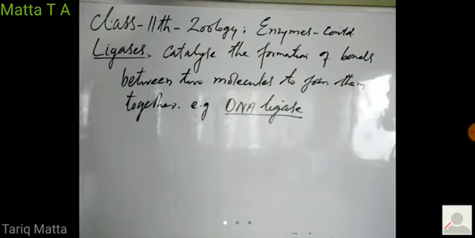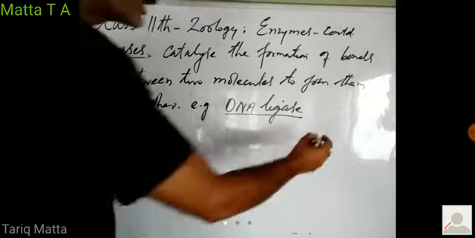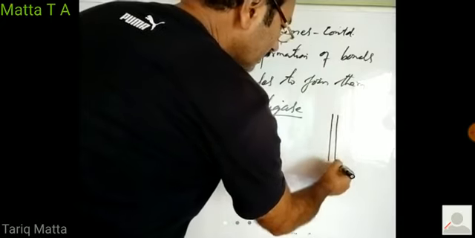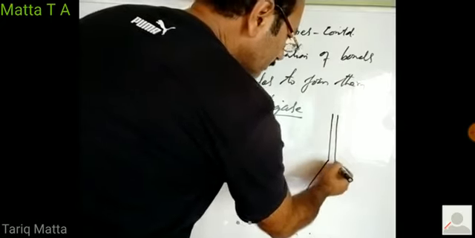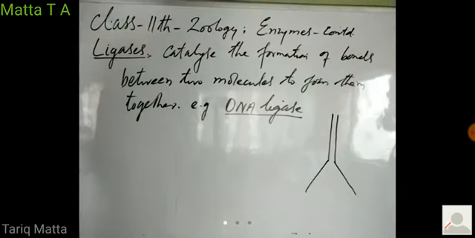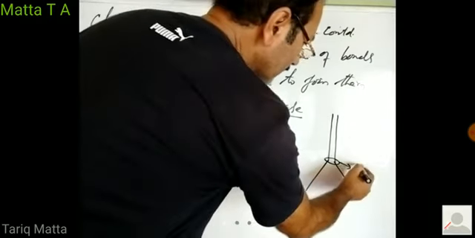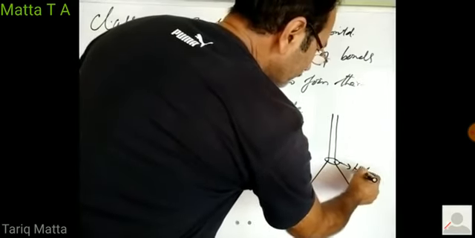So what is the function of this DNA ligase? It joins the two cut strands of DNA together in the process of DNA replication. You might have studied DNA replication. In DNA replication, double-stranded DNA is first unwound and changed into single-stranded DNA molecules with the help of an enzyme known as helicase.